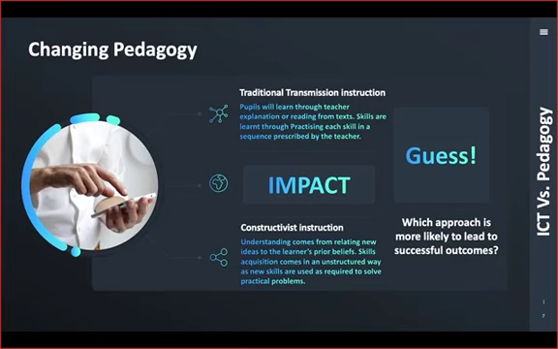On the other hand, the constructivist instruction, if we follow it, gives more motivation and involves more students or pupils in the subject. Because by implementing ICTs using the constructivist approach, this involves the students in the intended activity, and it gives higher productivity from them.